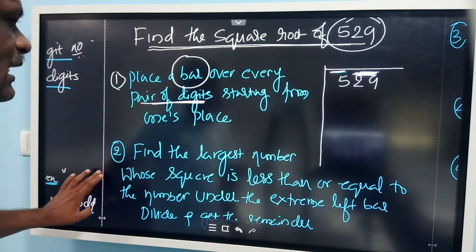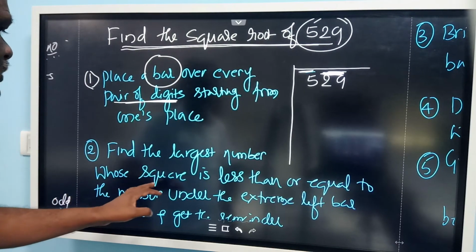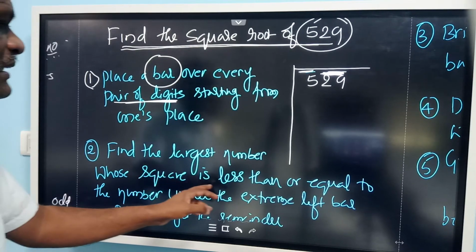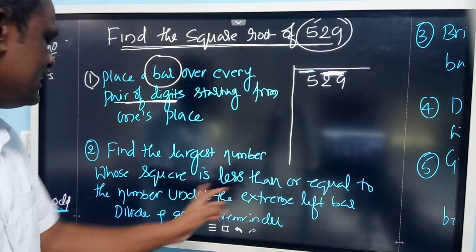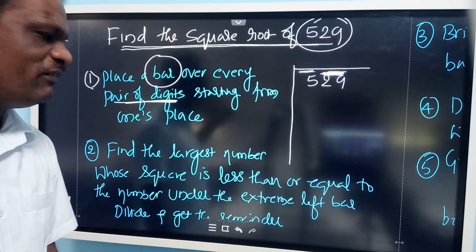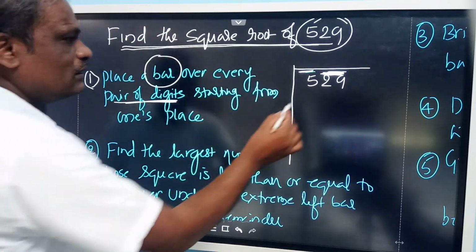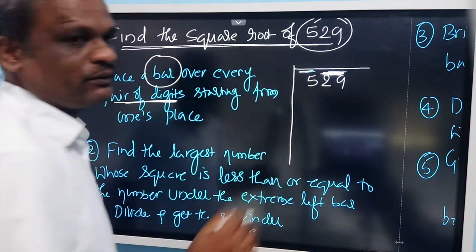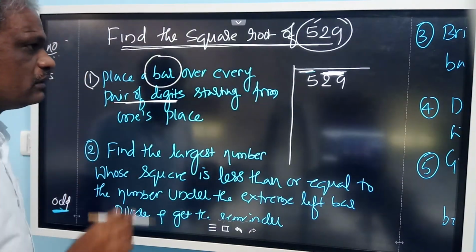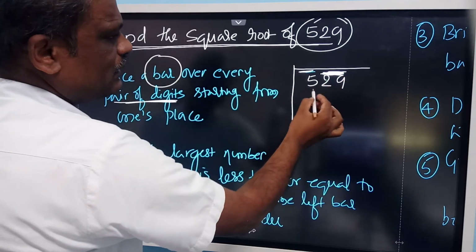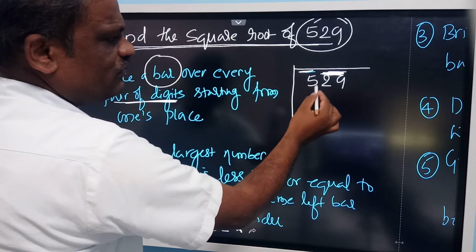Then after that, find the largest number whose square is less than or equal to the number under the extreme left bar. Now, at the extreme left we have the number 5. So the second step is, after pairing, this is the last group that is left out, 5.